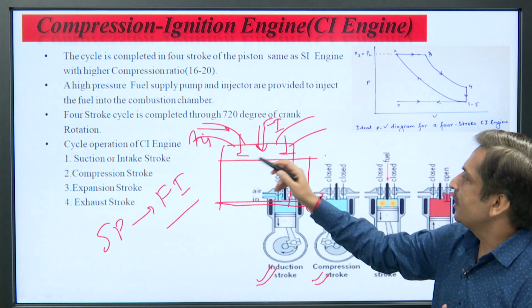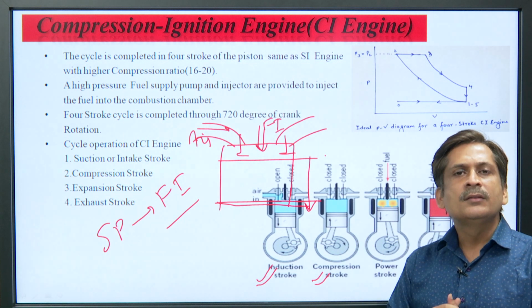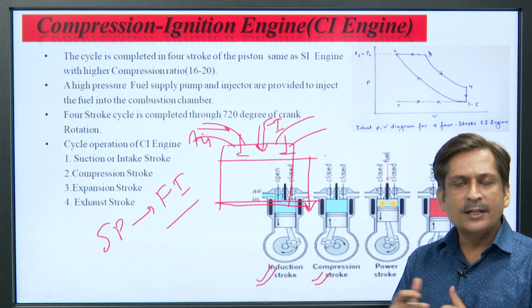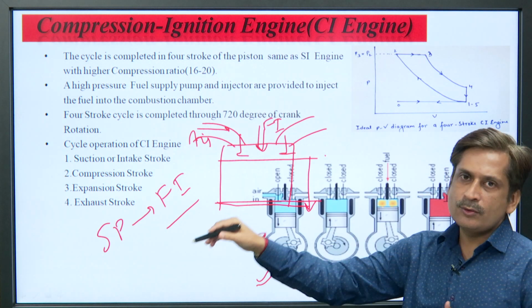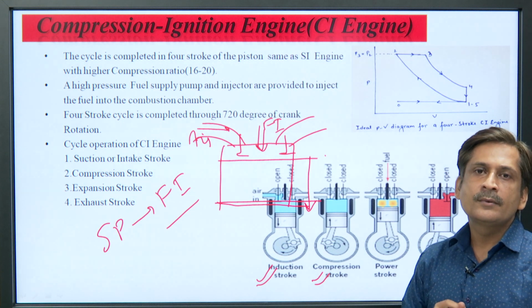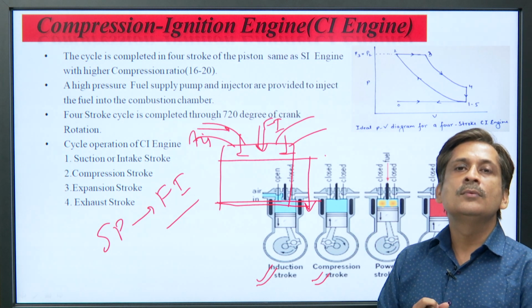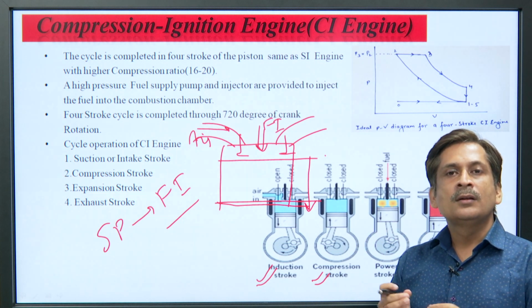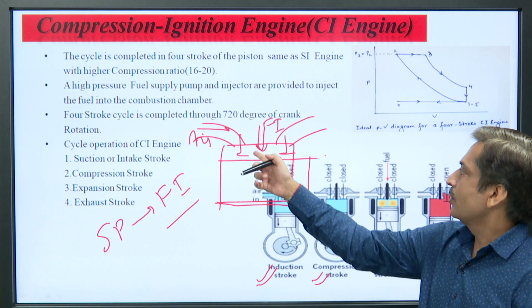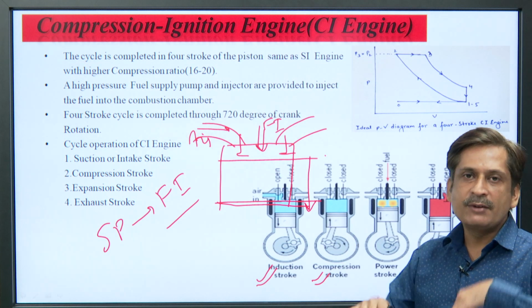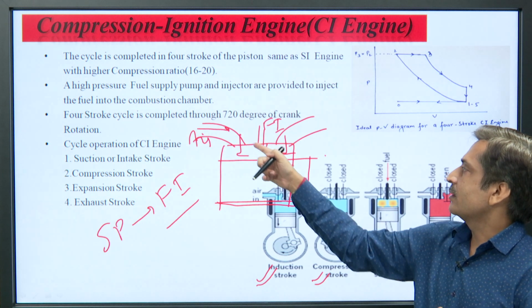So, diesel is injected here, and the auto ignition temperature of diesel is somewhere between 300 to 340 degrees Celsius. When it is injected over the compressed air at very high pressure, the droplets of diesel absorb the heat and evaporate, and get mixed with the compressed air.